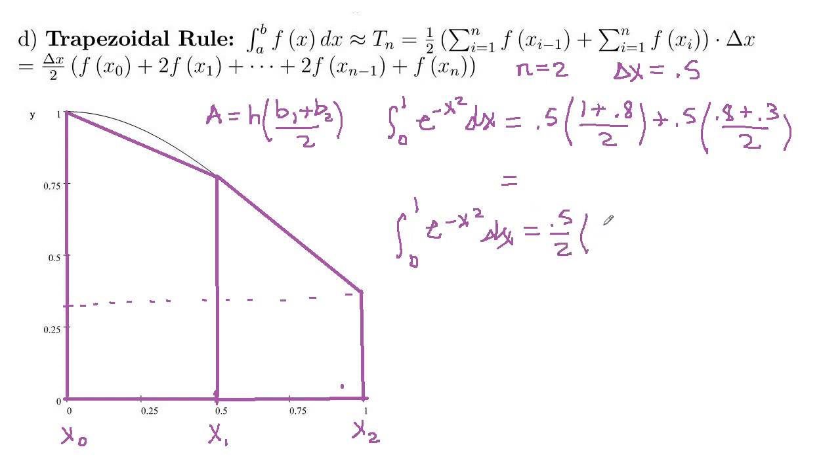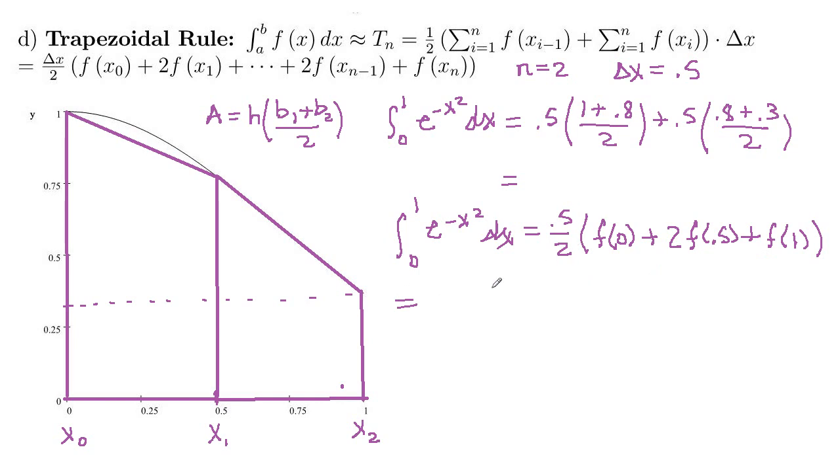And then we've got f at x0, that first value, which is 0. And then 2's for everything in the middle. For us, there's only one value in the middle, 0.5, so 2 times f at 0.5. And then your last value has a multiplier 1, so that's f at x2, which is 1. We could plug each of these into the function.